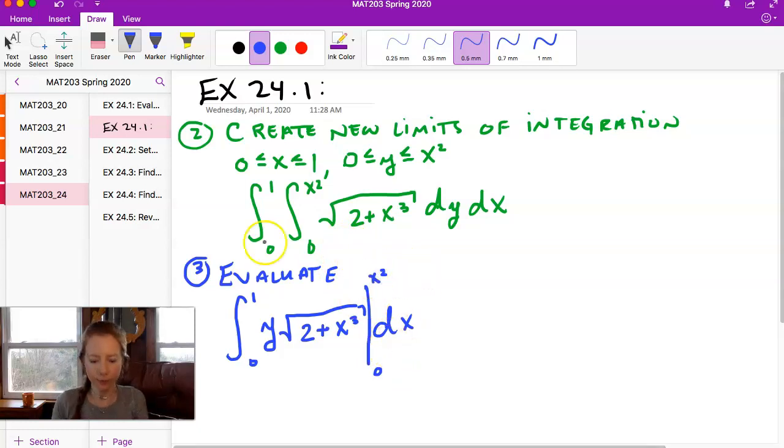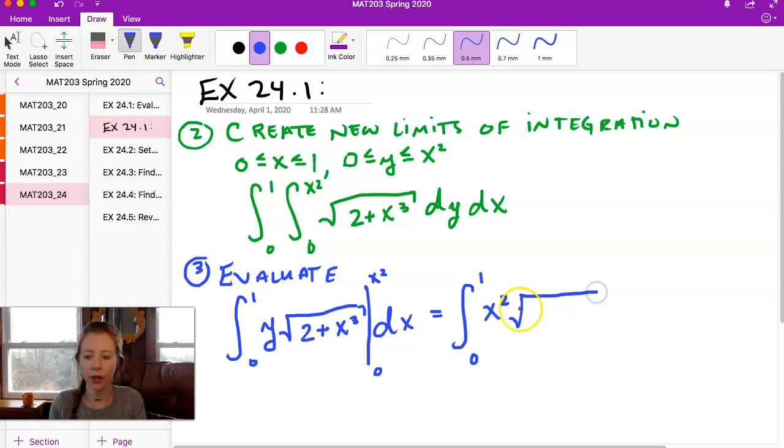So now we just plug in x squared for y, and we subtract off 0 for y, which is just 0. And we get the integral from 0 to 1 of x squared times the square root of 2 plus x cubed dx.